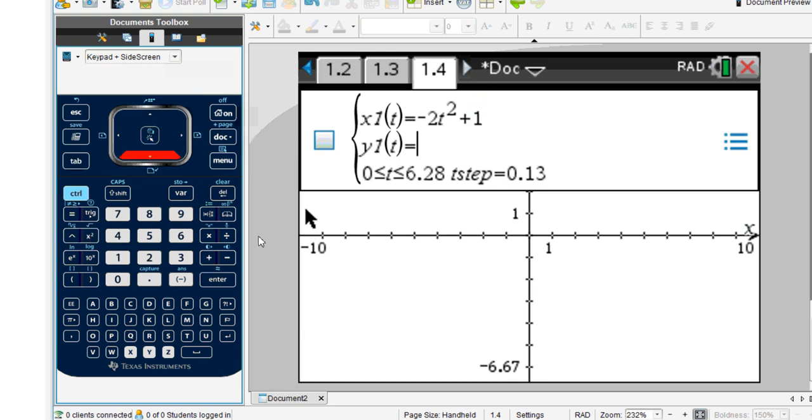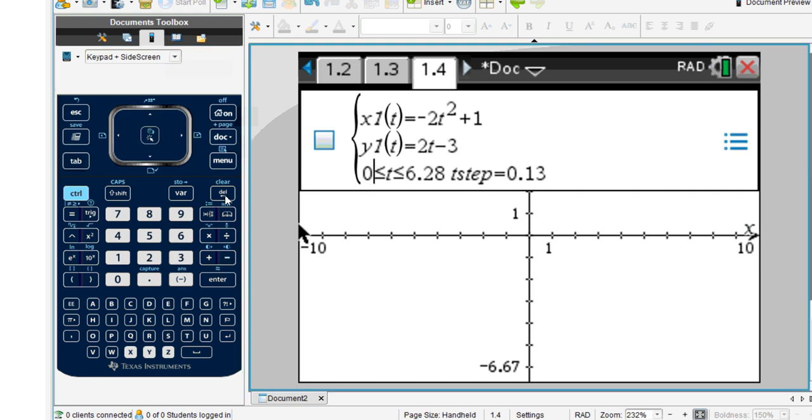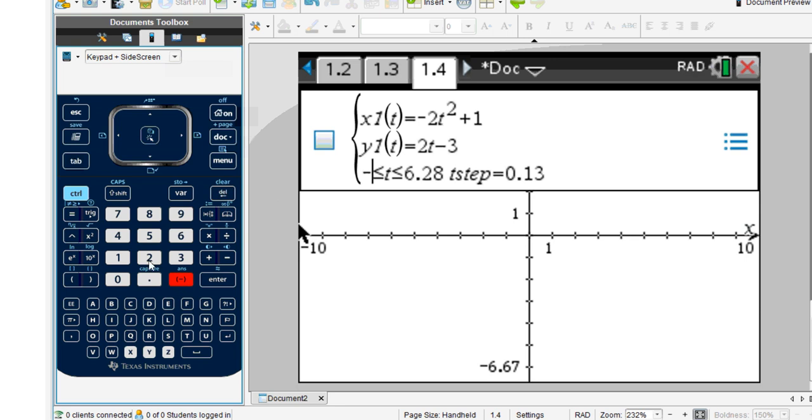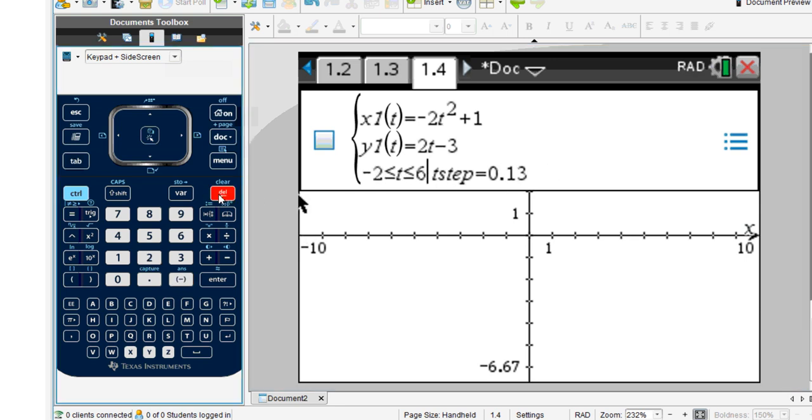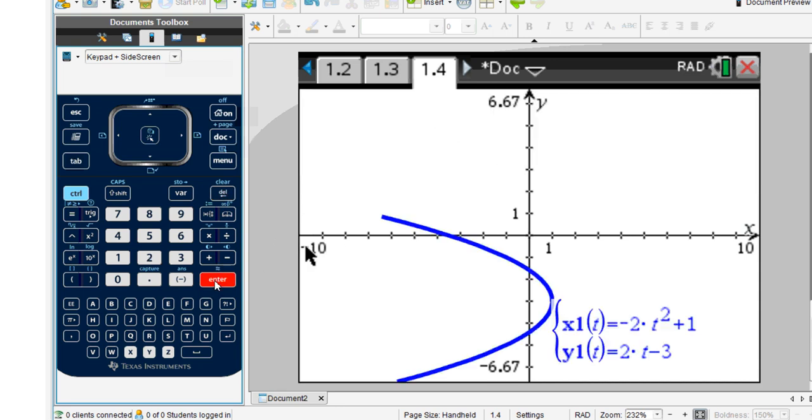All right, and y is going to be equal to 2t minus 3. And we are going between negative 2 and 2. So from here, it should be really easy to find out what it is. So negative 2 to 2, press enter.